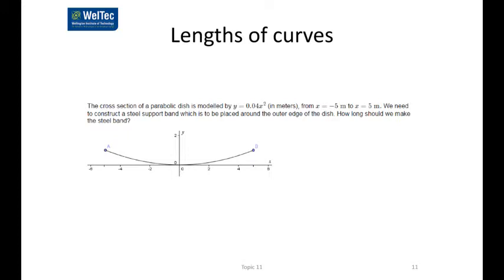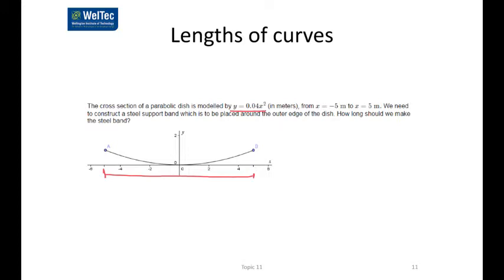So you're talking here about the cross-section of a parabolic dish, and you're given the fact that it is modelled by y equals 0.04 x squared, and you're asked to find the arc length from -5 through to where x is equal to 5.